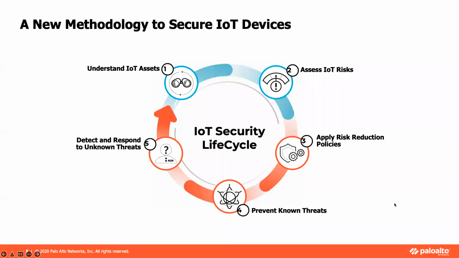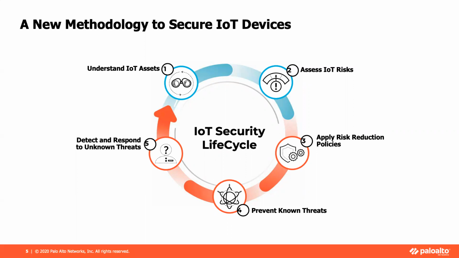Next is to assess the risks of these internet connected devices, because not every device is going to pose the same sort of risk, nor even the same device pose the same sort of risk to different organizations. So we have to understand how that works.